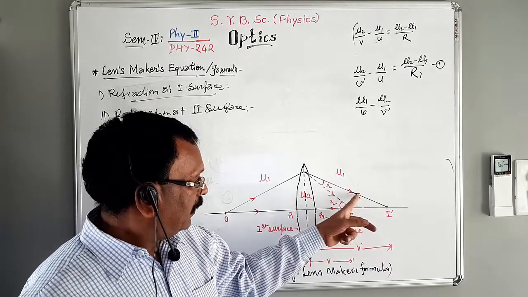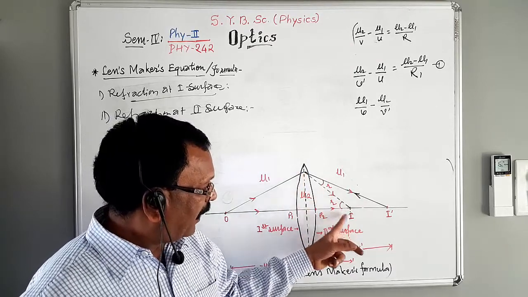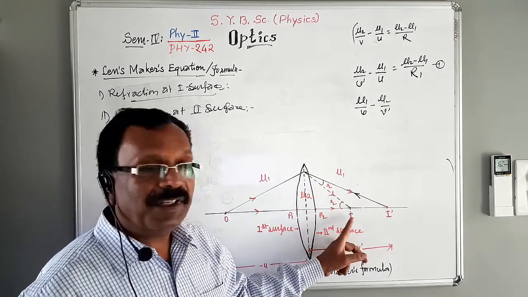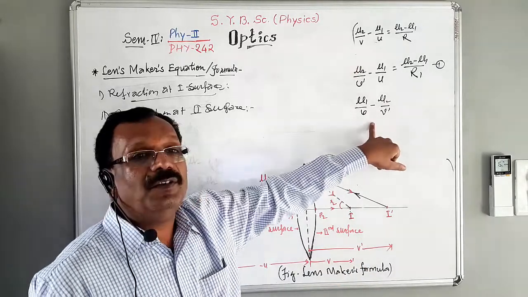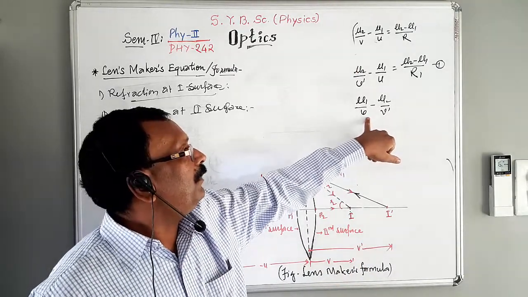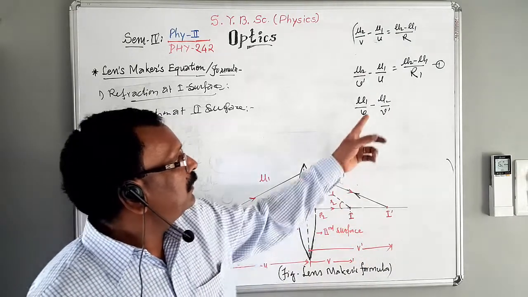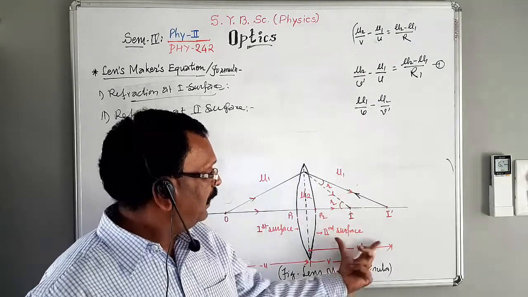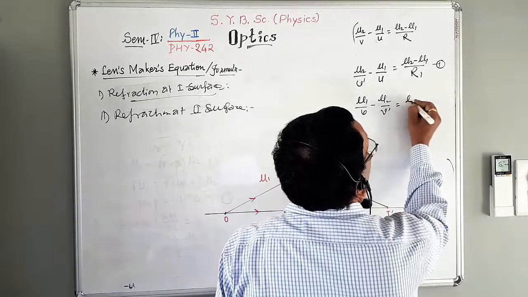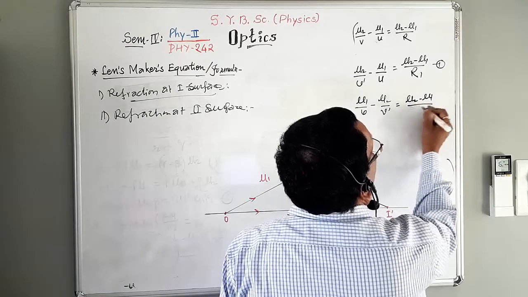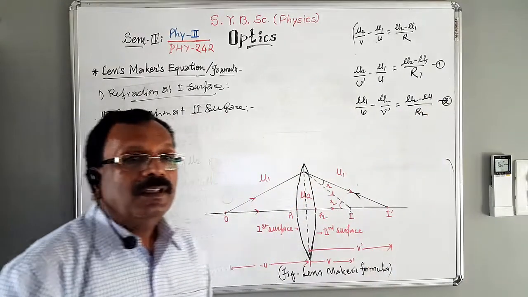The rays coming from this virtual object strike this point and are refracted, and the real image is formed here. So we have mu1 upon v minus mu2 upon v prime is equal to mu2 minus mu1 upon R2, for the second surface. Suppose this is equation 2.